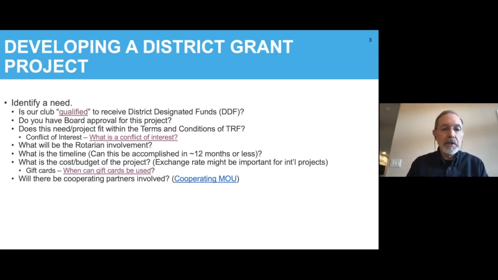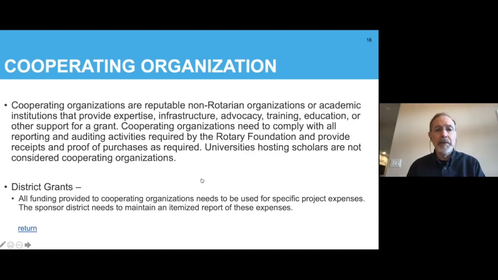I want to mention cooperating organizations because that can become problematic. And I just basically copied this right out of the terms and conditions from the Rotary Foundation. I'll let you read that first paragraph.